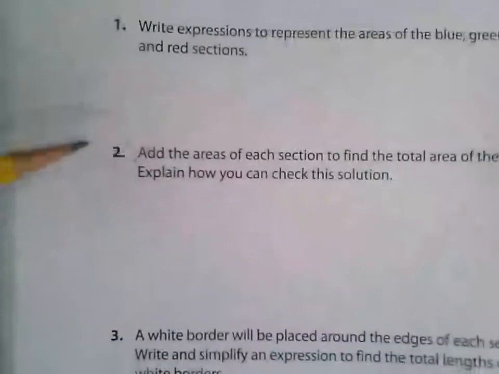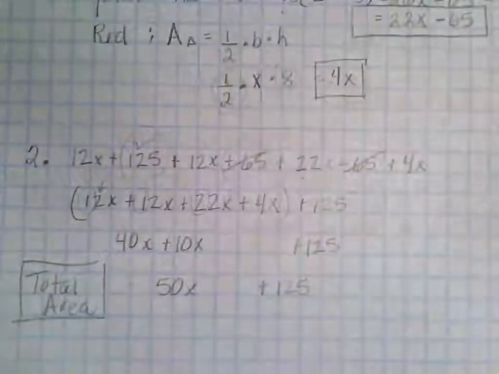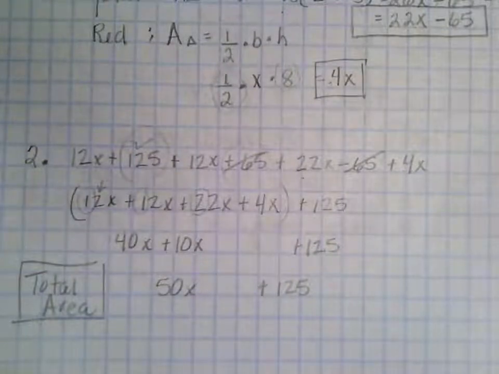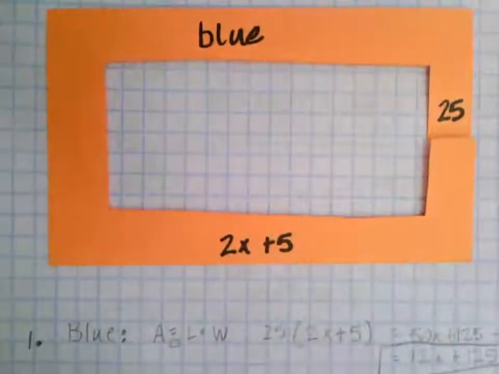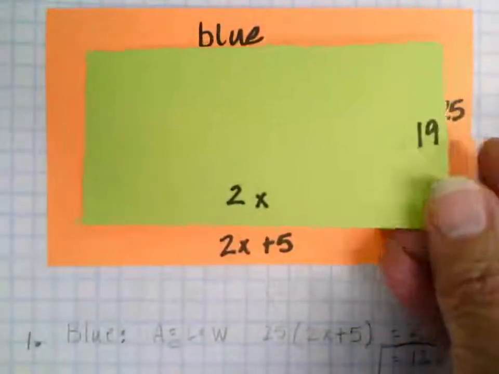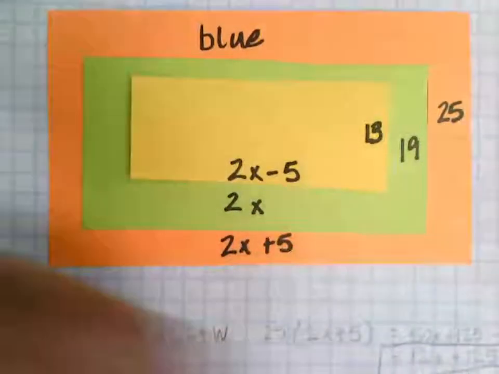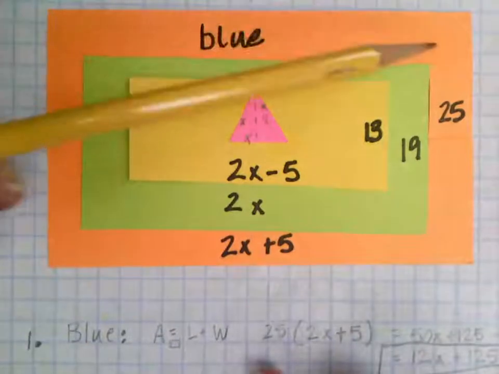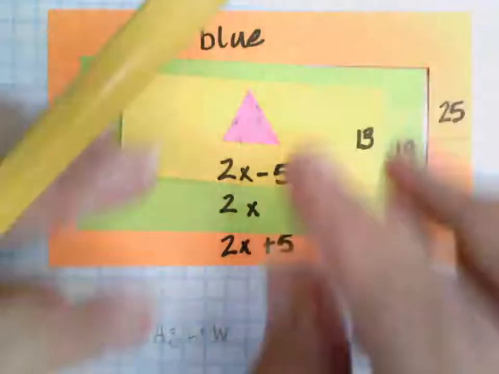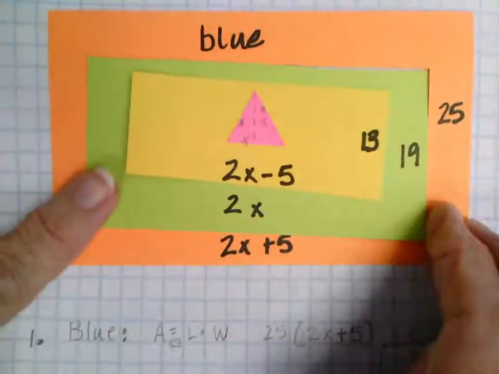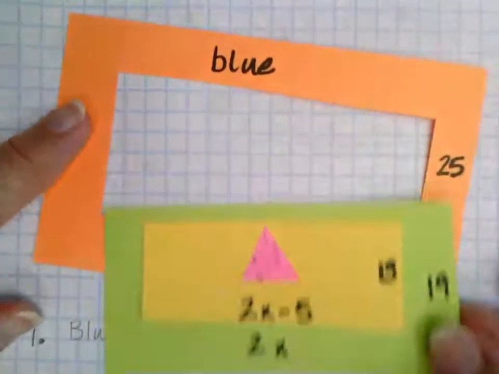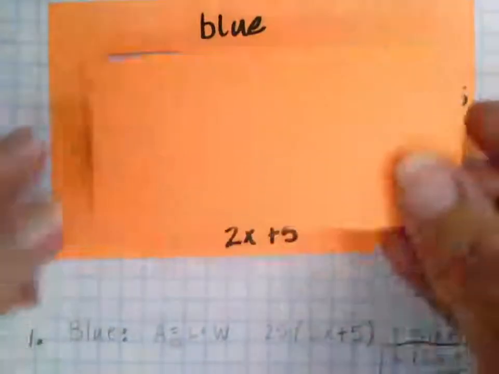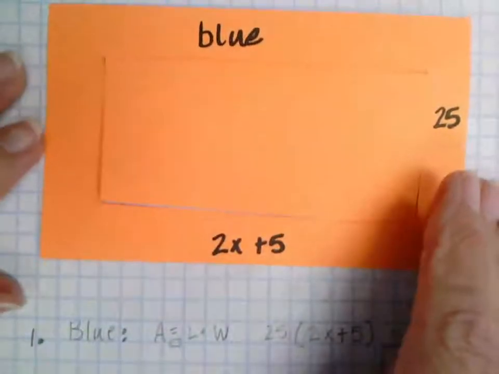Now it says explain how you could check this solution. This goes back to what we were talking about earlier with our diagram, where we had our blue, and then we had our green, and we had our yellow, and we had our pink. If I look at the blue or the orange area and I subtract out these other parts, I'm going to get a different answer than if this was left inside of there.